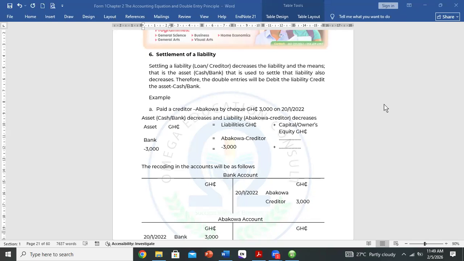Settlement of a liability. Settling a liability, loan or creditor, decreases the liability and the means, that is the asset, cash or bank, that is used to settle that liability also decreases. Therefore, the double entries will be debit the liability, credit the asset, cash or bank.